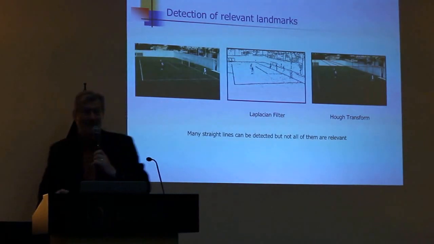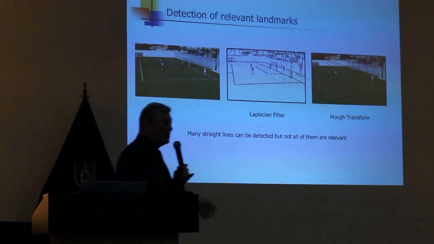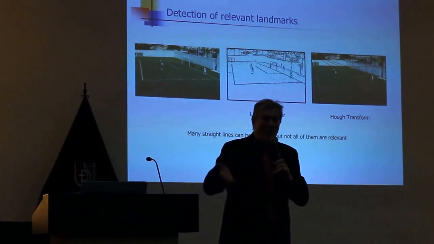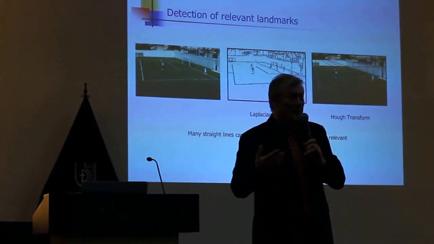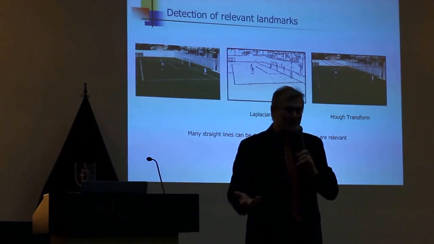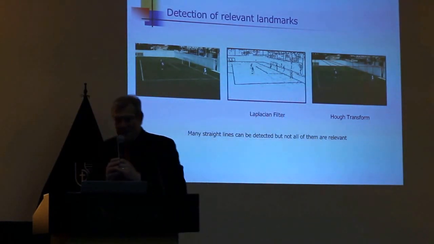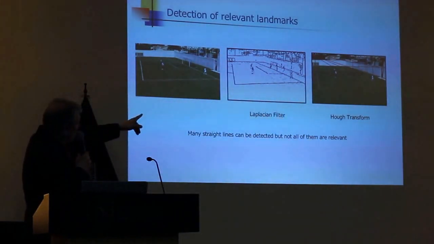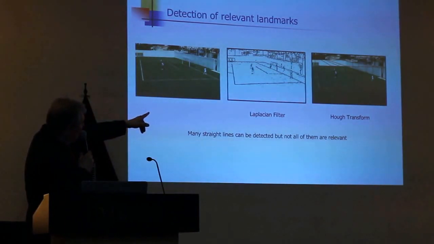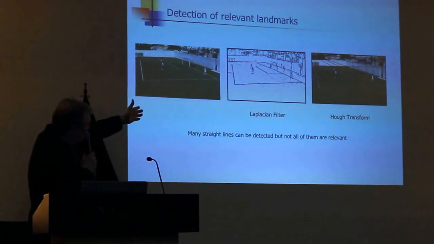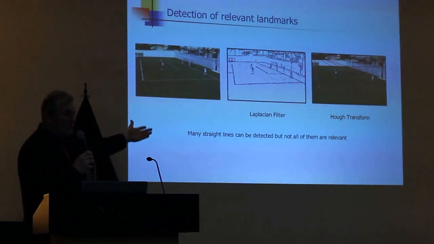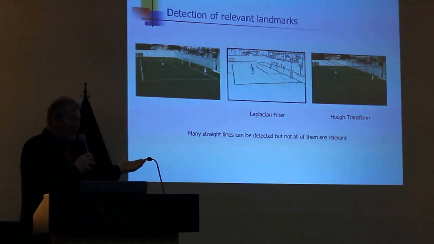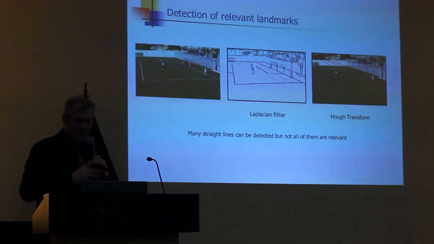But this line is not a line drawn on the field. So we want to reject it. And how to reject it? It's because it doesn't belong to the field. So, on the right picture, you can see a lot of lines, some of them on the field, some of them out of the field. And our purpose is just to select those that are in the field.